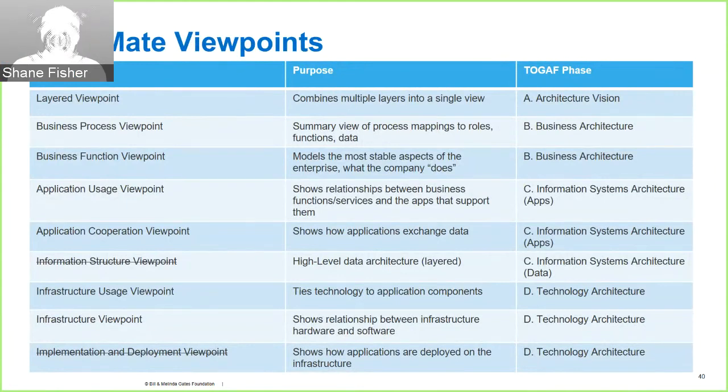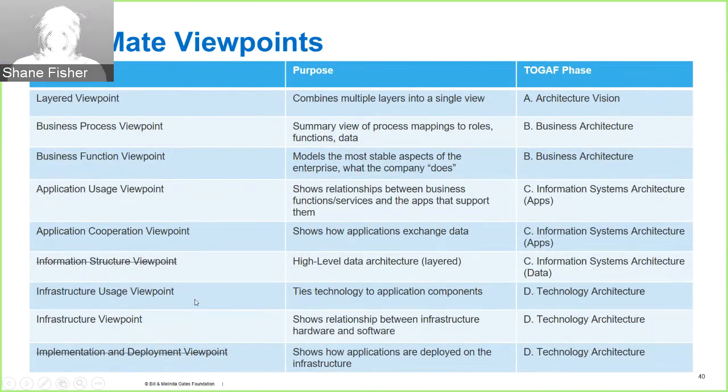This shows how you can map an Archimate viewpoint to a TOGAF phase, right? So you have your TOGAF phase on the right, and the Archimate viewpoint that makes the most sense on the left. Remember, we just talked about the layered viewpoint. Business process viewpoint, no surprise there, right? Business function.